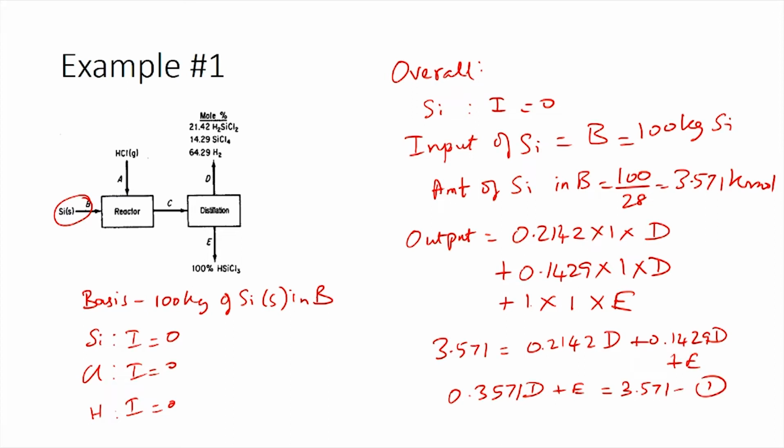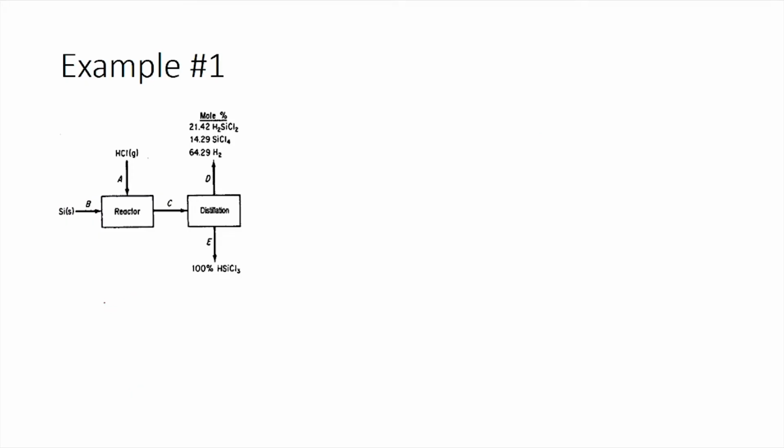Now, we can write a balance for chlorine. So, the chlorine balance would be input equals output. Again, we have chlorine entering to the system as HCl. So, you have one atom of chlorine per molecule of HCl. So, taking that into consideration, the input term becomes 1 times A, and you have output of chlorine in the form of H2SiCl2, SiCl4 and HSiCl3. So, you have 2 atoms of chlorine leaving through H2SiCl2.